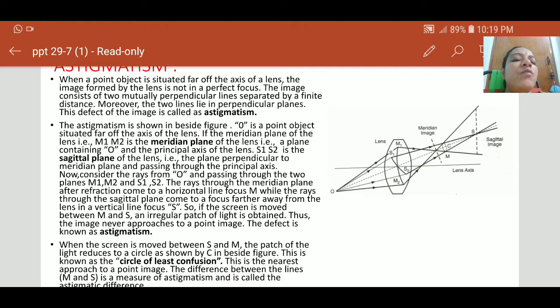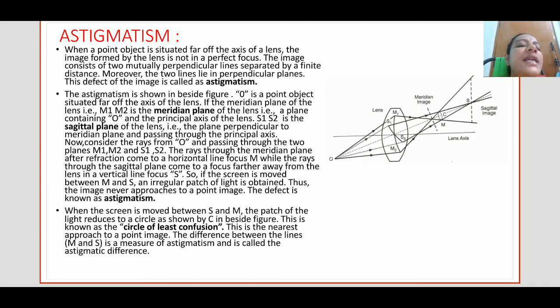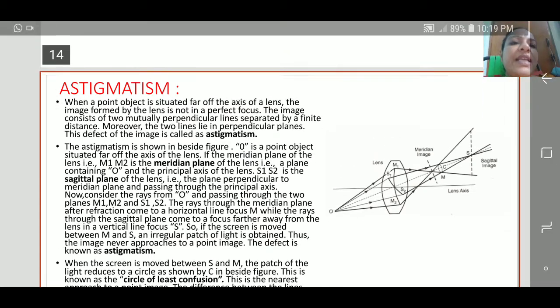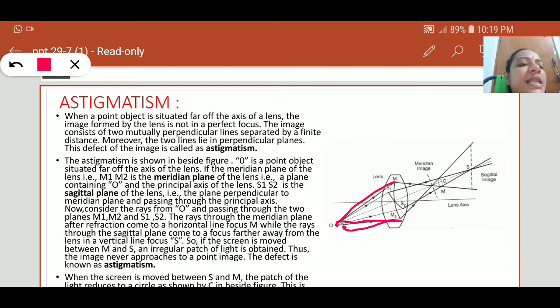Consider the rays from the object. The rays which are incident on this meridian plane from the object here, after refraction, come to a horizontal line focus, that is M. Here this is the meridian image.